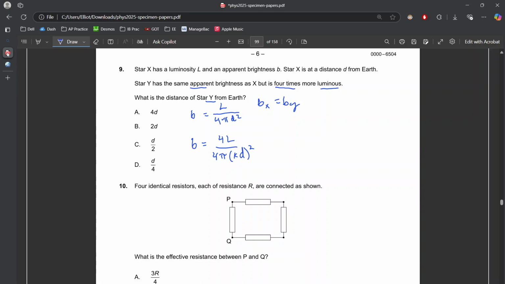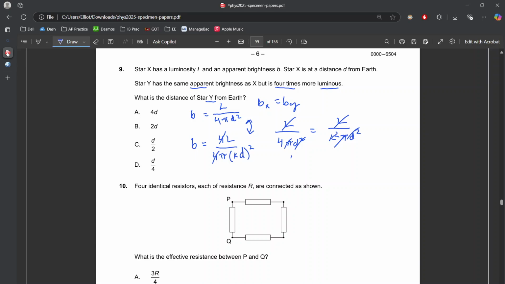So now you can set these equal to each other, right? So L over 4 pi d squared is equal to, and this is going to simplify, L over k squared pi d squared. You see? Oh, look at this. The L's cancel, the d squareds cancel, the pi's cancel.